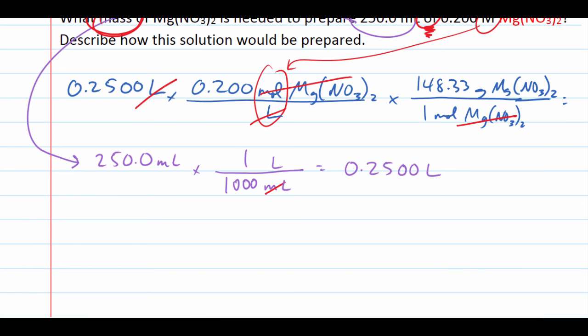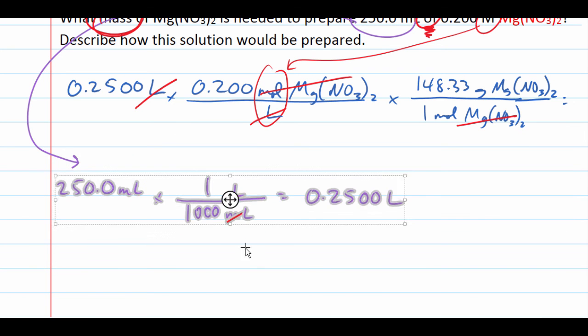And then we should be able to calculate the answer. I'm going to slide this over just a bit. So to calculate our answer, we have 0.25. We'll multiply that by 0.2 and multiply again by 148.33.